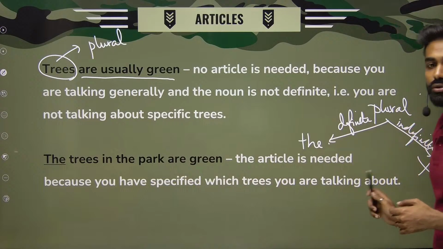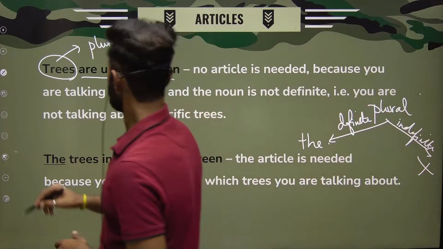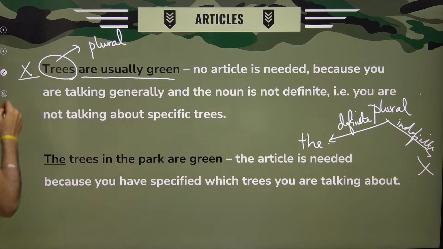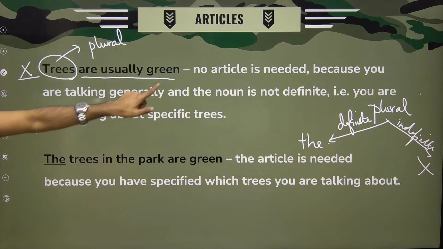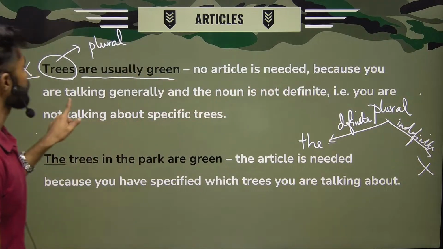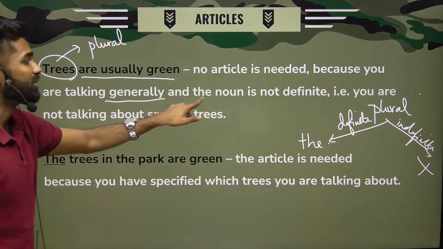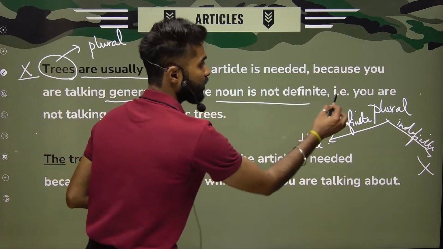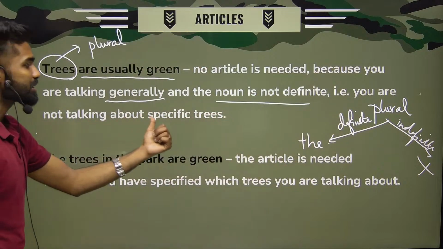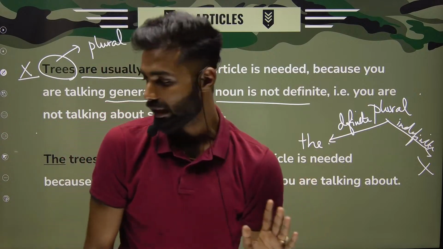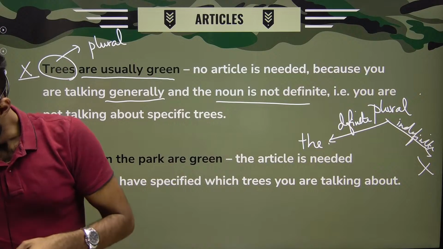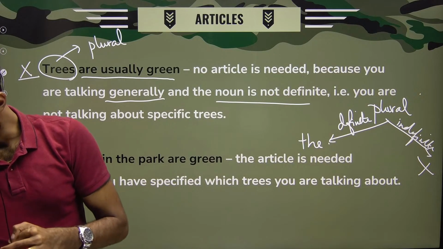Indefinite means there is no need to use an article. See, that is why no article is used before trees. So trees are usually green. No article is needed because you are talking generally and the noun is not definite. You're not talking about specific trees, you're talking generally. That's it. All right. Jyoti, plural or uncountable.